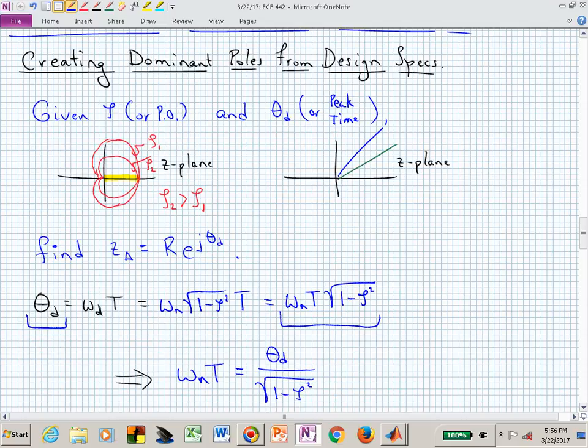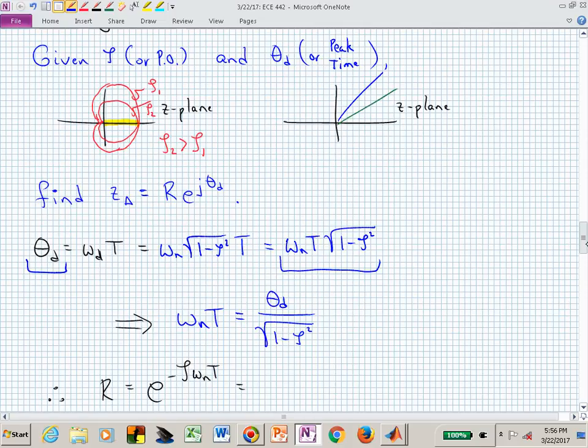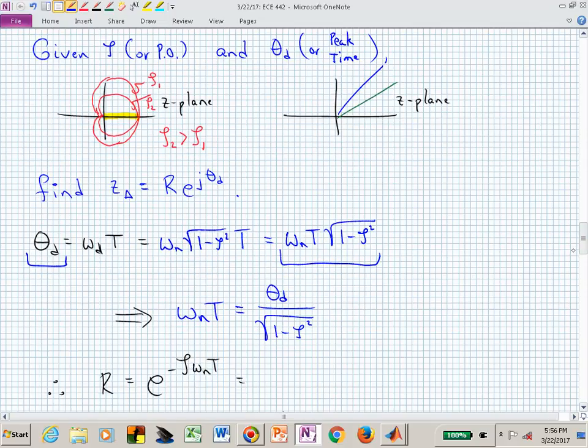So if I have the omega sub n t expression or variable in my equation somewhere, I can replace it with this expression that only contains theta sub d and zeta. What I'm really trying to do is get rid of omega sub n t in my formula for the radius, r.